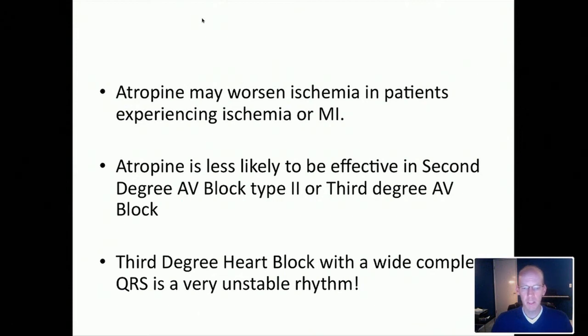It's important to note that a third-degree heart block with a wide complex QRS is a very unstable rhythm. These patients are very much at risk of going to asystole, because in a third-degree heart block you're getting no conduction down the normal conduction pathway, and as the QRS widens you're getting ventricular escape rhythms, usually in the 40s, and these are not very stable.